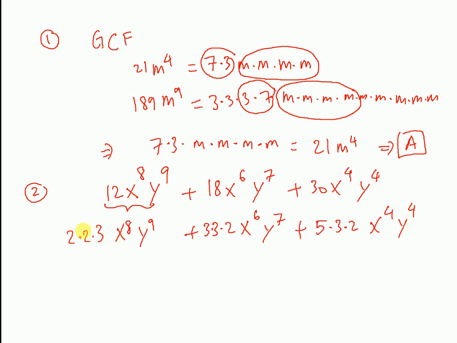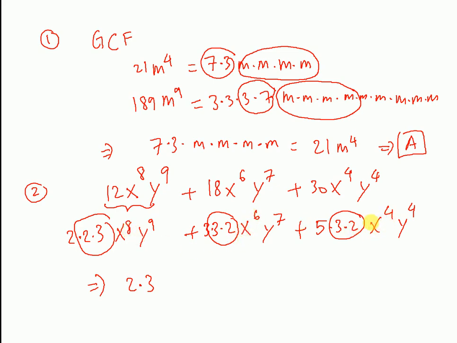Now you see here, the first term, we check the numbers first, 2 and 3. The second term also has 2 and 3. The third term also has 2 and 3. So 2 and 3 are common. But for the letters, the first term has 8 x's, the second term has 6 x's, and the third has 4.